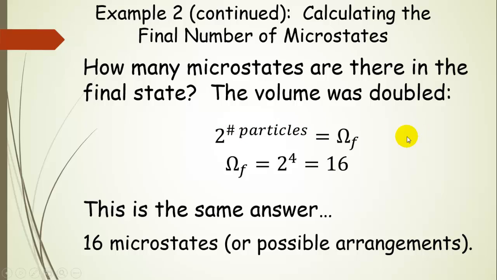That's going to give us the final number of microstates. So doubling the volume to the 4th power, because we have 4 particles, is going to give us 16 different microstates. So there are 16 possible arrangements of those 4 particles that we can distinguish when we double the volume.